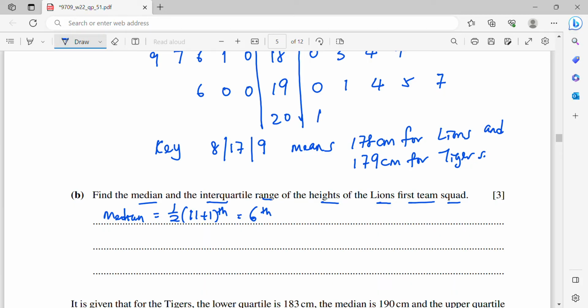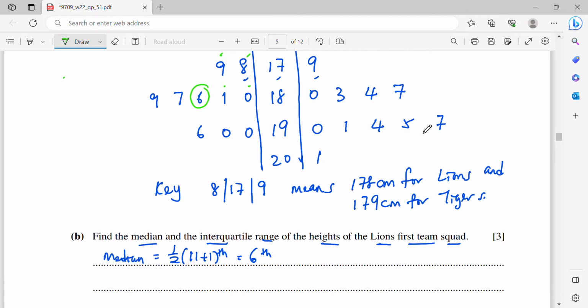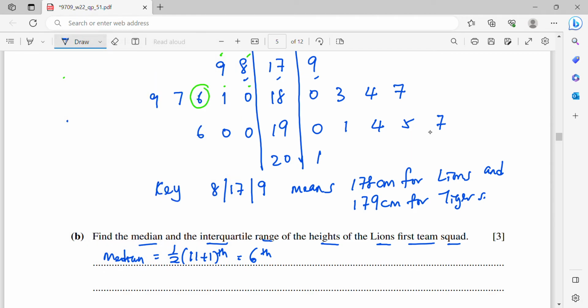Data number 6. So now I need to count: 1, 2, 3, 4, 5, 6. Which means it is 186 centimeters. Okay, so done for median.